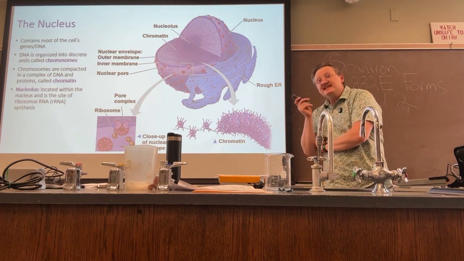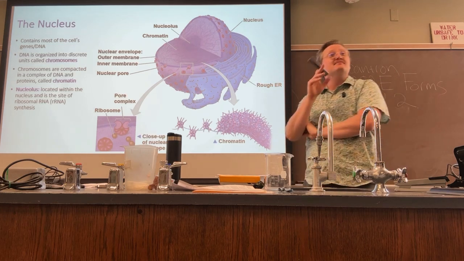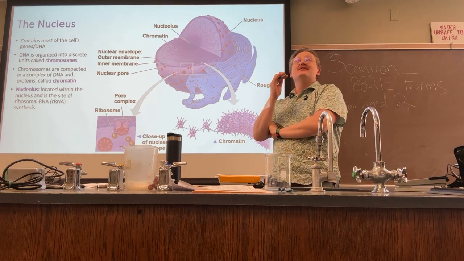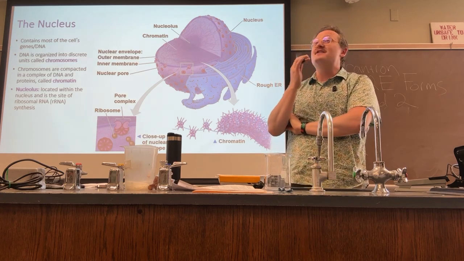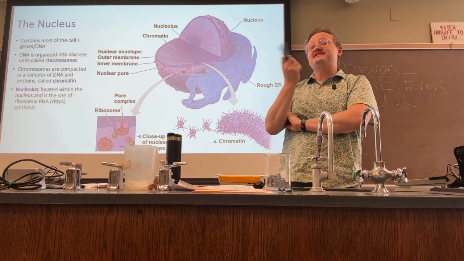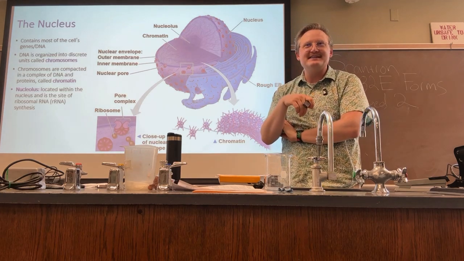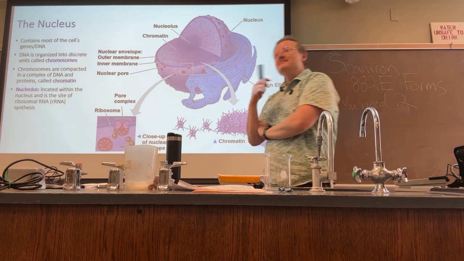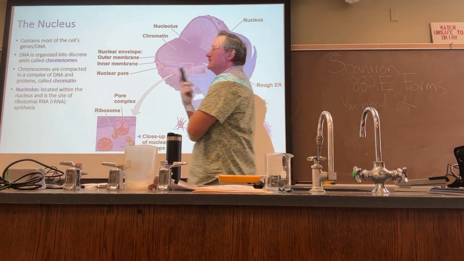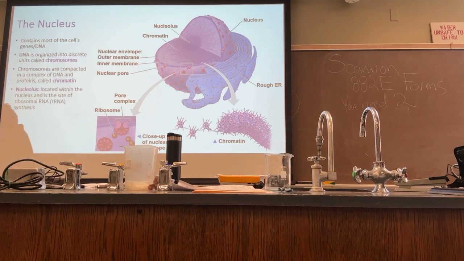It says most here because there is DNA inside of mitochondria and chloroplasts. They have their own genome. We call the DNA there extranuclear DNA because it's not in the nucleus. But most of the DNA in a cell is in the nucleus.